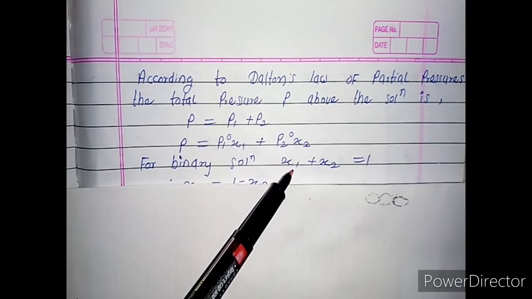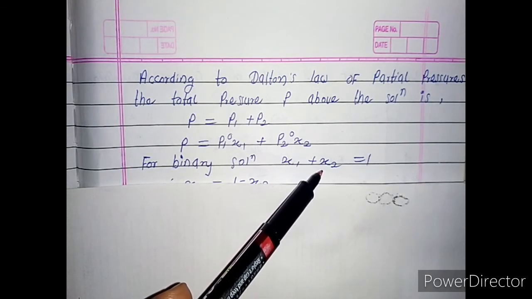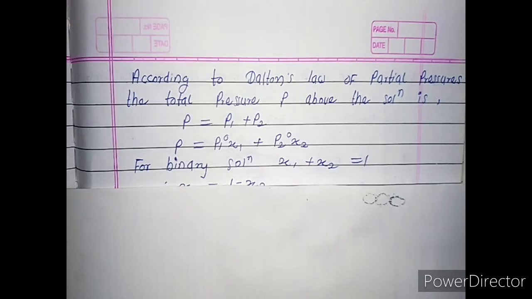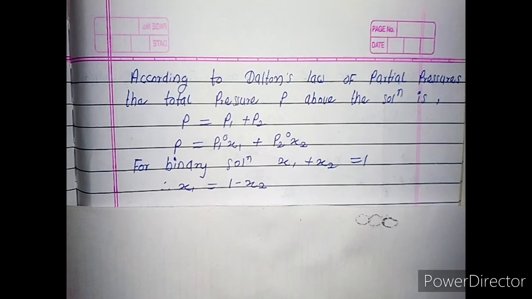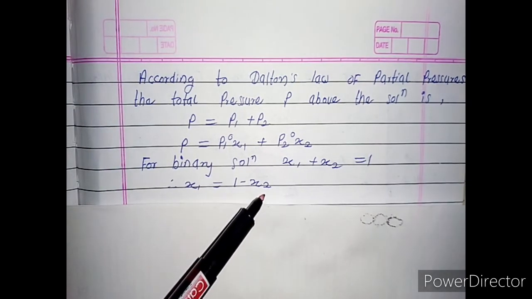X1 is the mole fraction of component 1 and X2 is the mole fraction of component 2. X1 plus X2 always equals 1. Therefore, one can write X1 is equal to 1 minus X2.